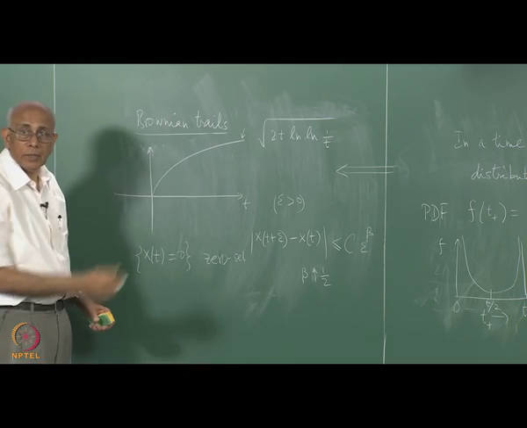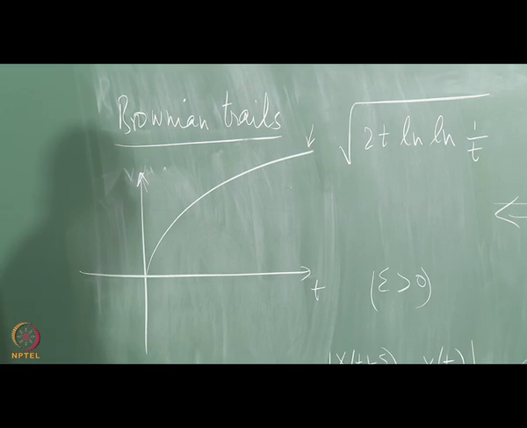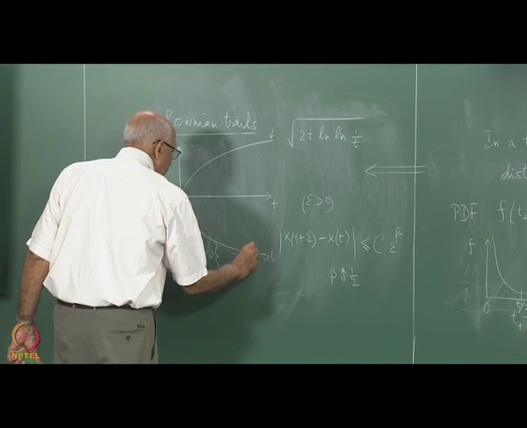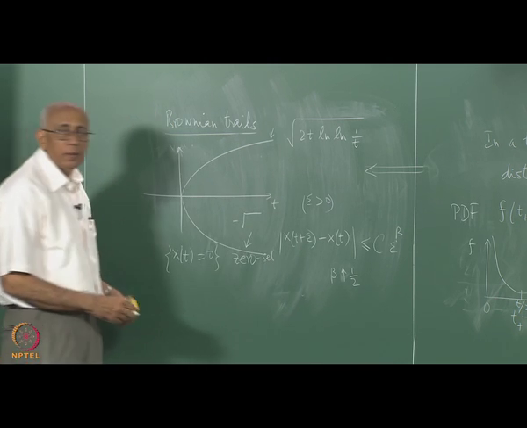Plot this function for sufficiently small t, for t less than 1 this is positive, goes up there, and this is minus that function, minus the square root of the same thing.